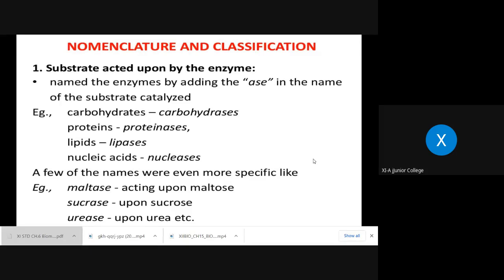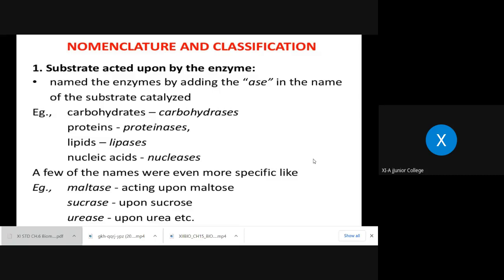Carbohydrate is a substance on which the enzyme acts. So what is the name? Carbohydrases. Proteins, the substrate on which enzymes act, means proteases. Lipids, these are lipases. Nucleic acids as the substrate gives nucleases, like that.